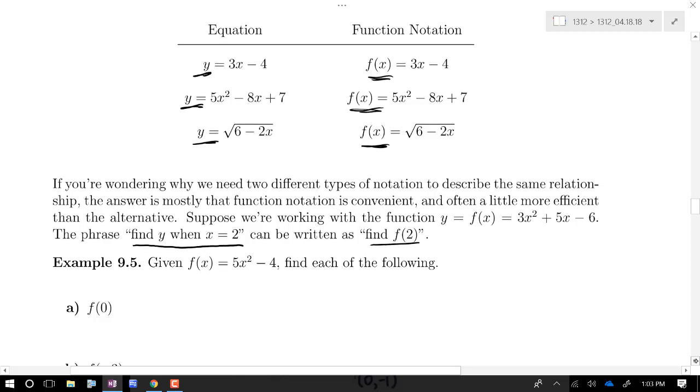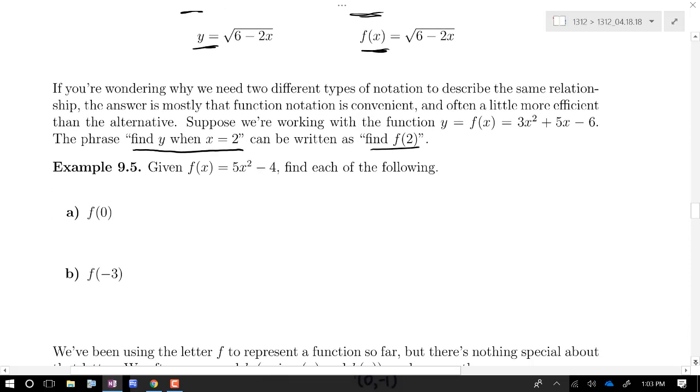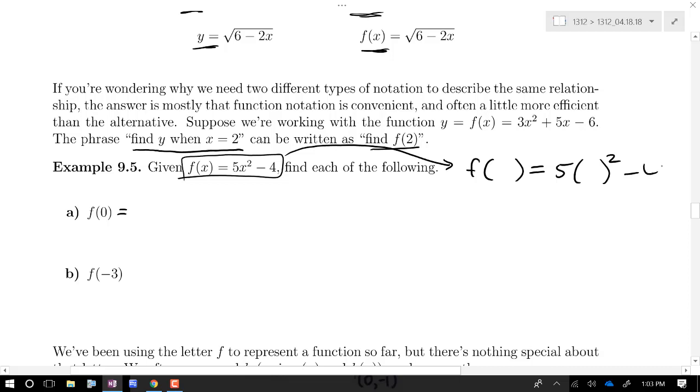So as far as evaluating functions goes, if f of x is 5x squared minus 4, I think of the variable as just a placeholder. If I want to evaluate f of 0, whatever I put here, I have to put in any other set of empty parentheses.